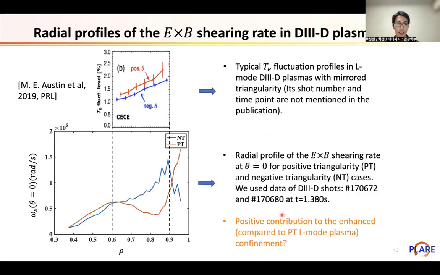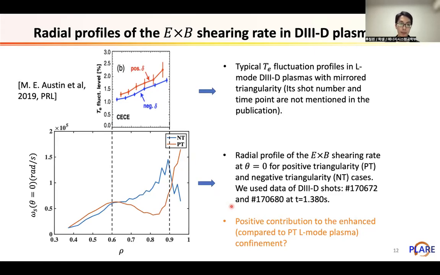And we plotted the radial variation of flow shearing rate. If we compare the NT case and the PT case, we can find that in the core region, the NT case shows higher flow shearing rate, but in the H region, the PT case shows stronger flow shear.